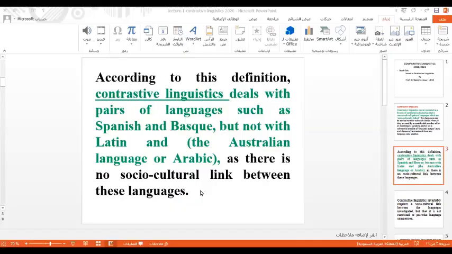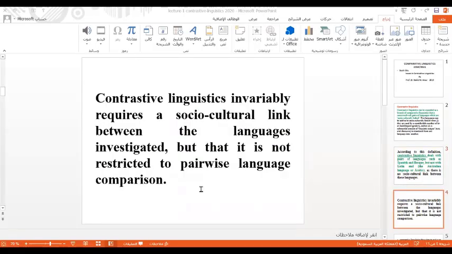But if you compare between the two languages for the sake of knowing the differences and similarities, we come out with comparative linguistics. So contrastive linguistics needs an identical or similar socio-cultural link between the languages under investigation, and the two languages must be socio-culturally related to each other.